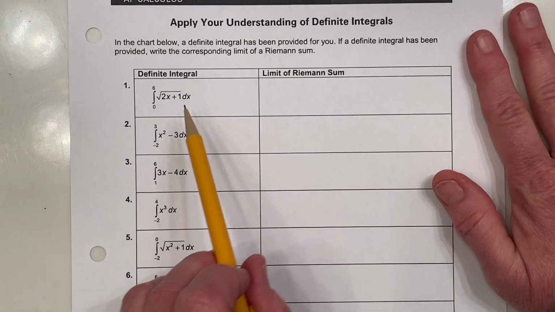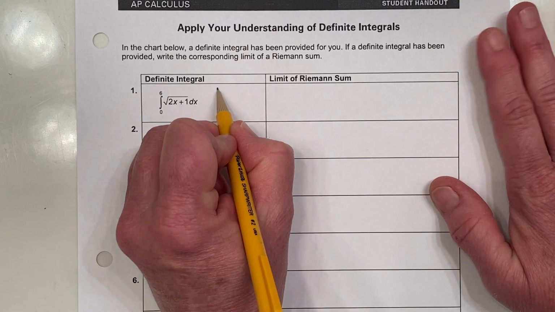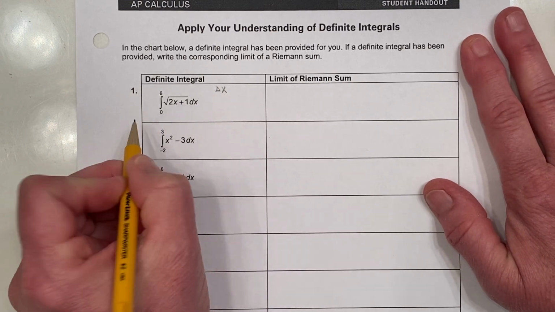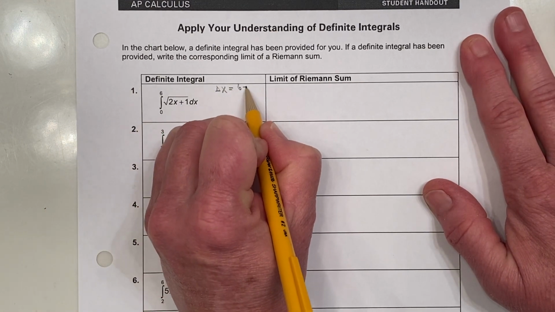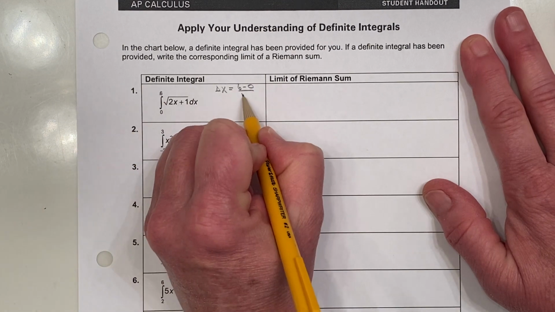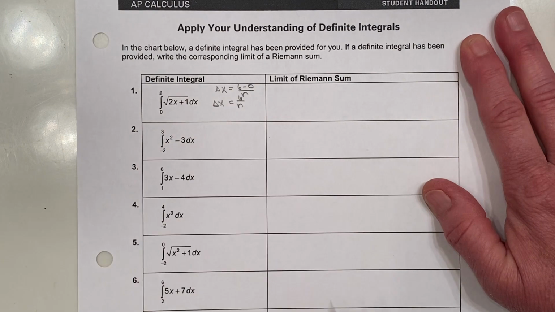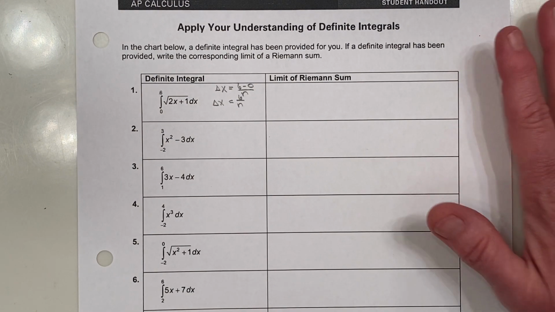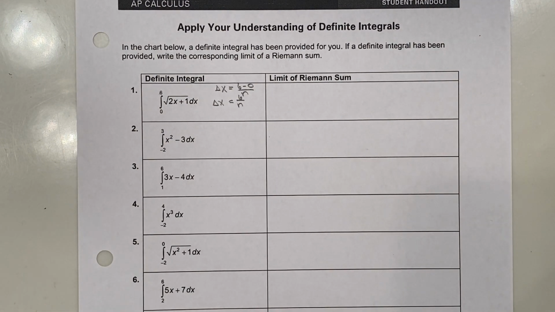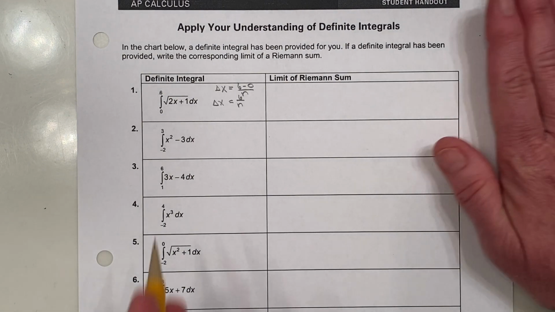Okay, here's a definite integral. What I would do in this little space right here is define what delta x is. So that's going to be 6 minus 0 over n. So delta x is equal to 6 over n. I might also get the notation for the y value.